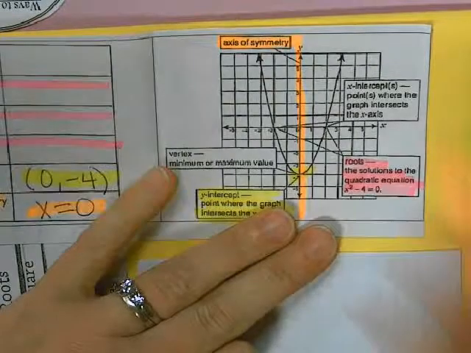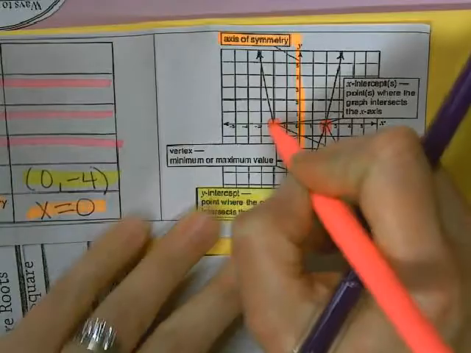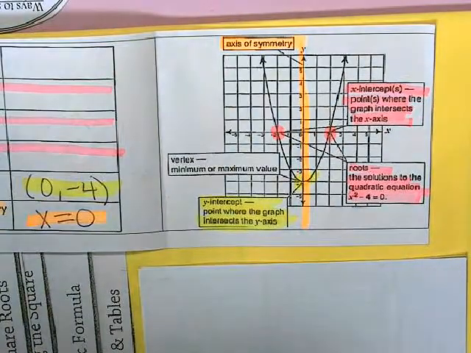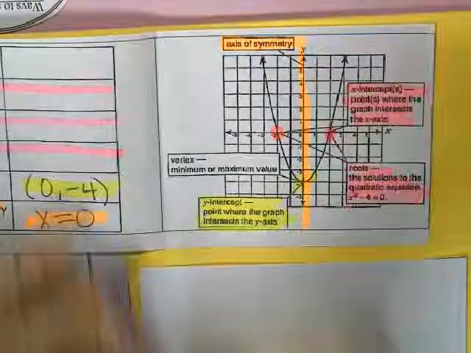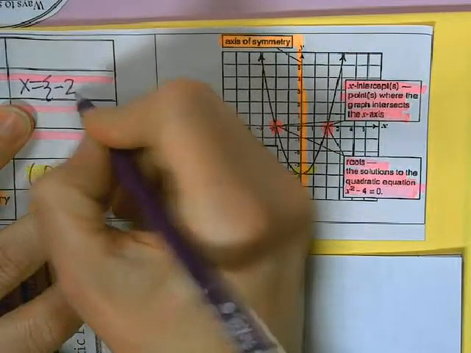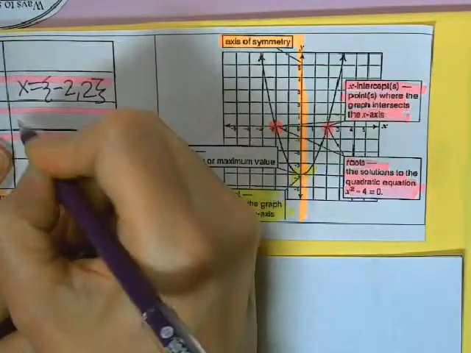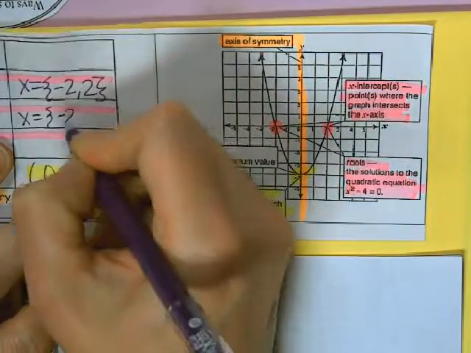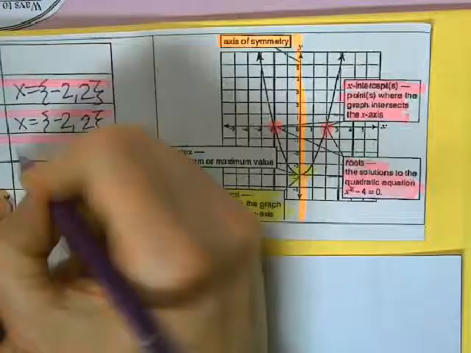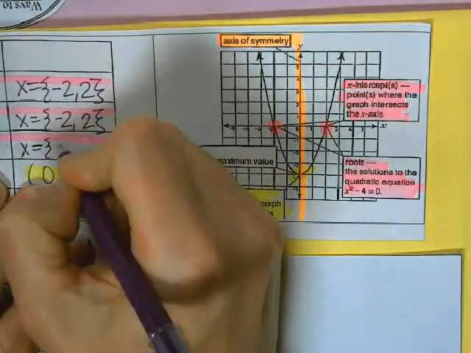They're over here in the graph, right where they cross the x-axis. Okay? So we can list it as x equals, and this one's at -2 and 2. So we'll say the same thing here, -2 and 2. And same thing for the x-intercept.